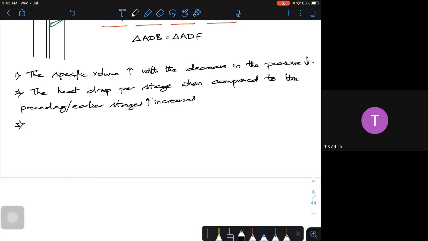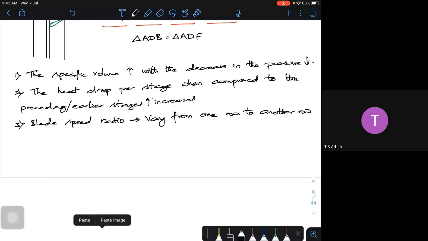So the blade speed ratio, which used to vary from one row to another row. Okay, because of this actually the R used to vary. Now that will remain constant.